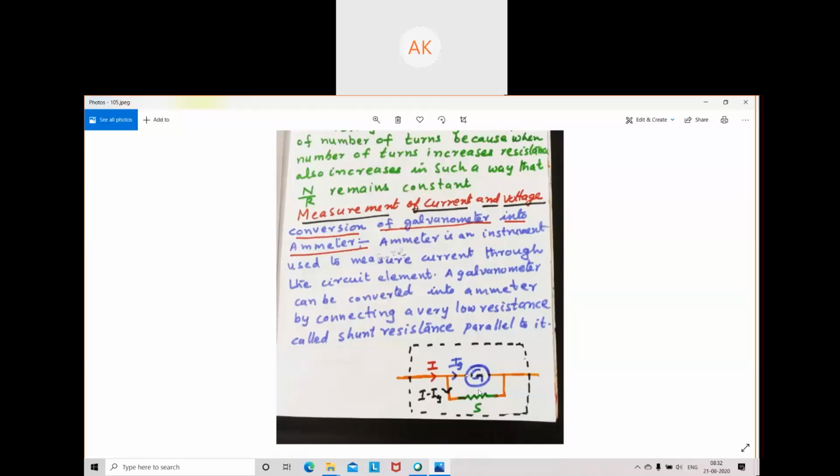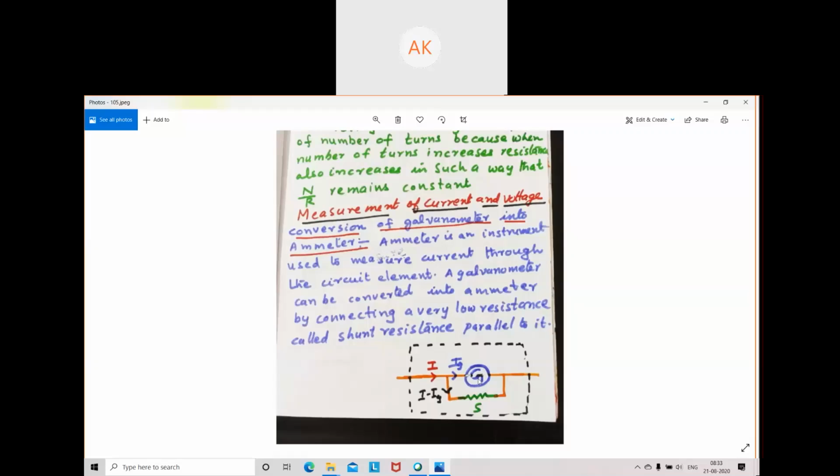Otherwise, what happens if the ammeter is having resistance? When it is connected in the circuit, the resistance of this ammeter itself reduces the value of current in the circuit. Then we cannot measure the actual value of current flowing through the circuit. If ammeter is having very high resistance, what is the problem?